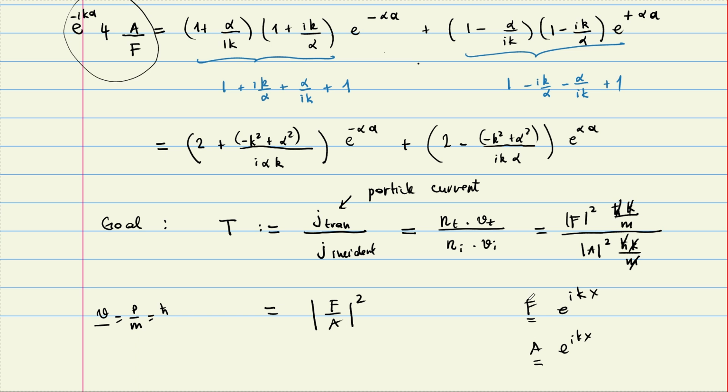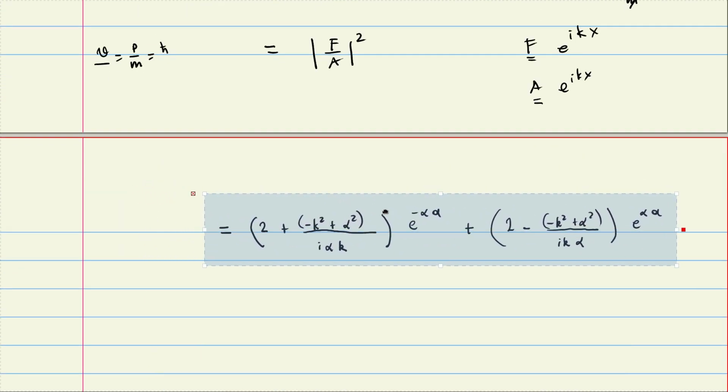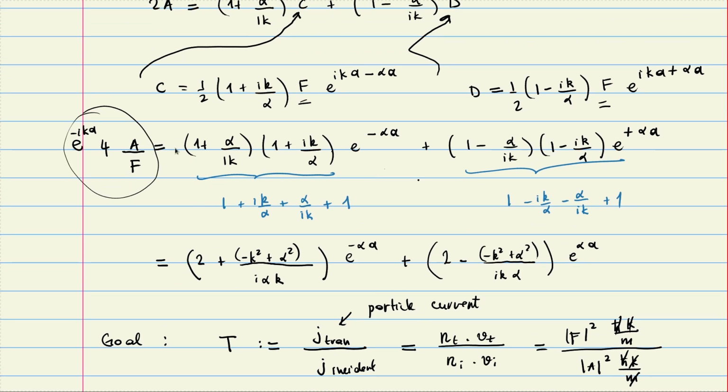Now let me collect, so here's everything I need. I'm going to take the absolute value here, and it is going to give me, let me copy this entire thing and manipulate. So this is one side, and on the other side I have, what was it?